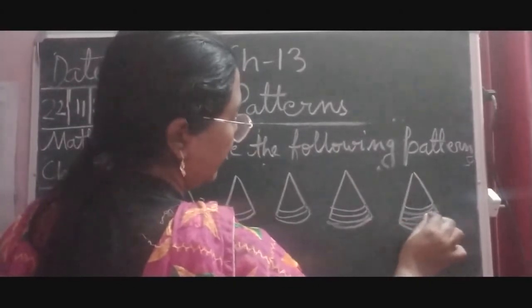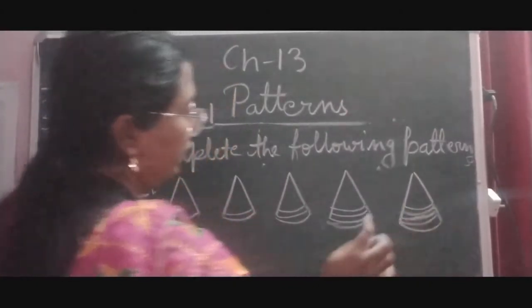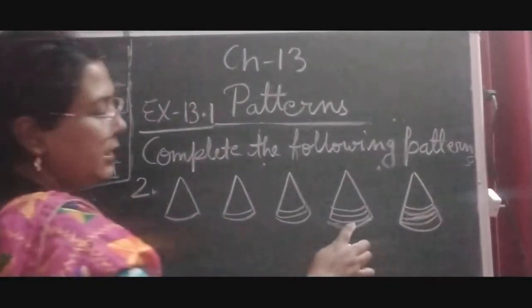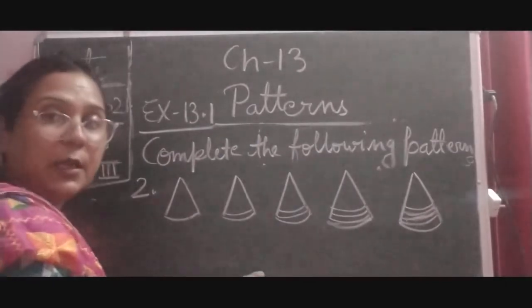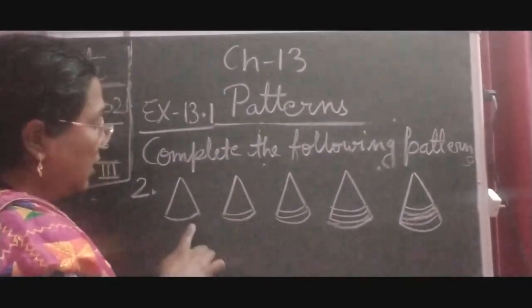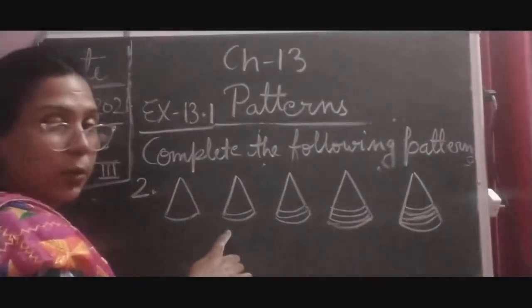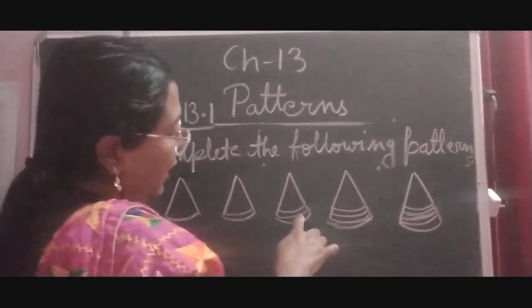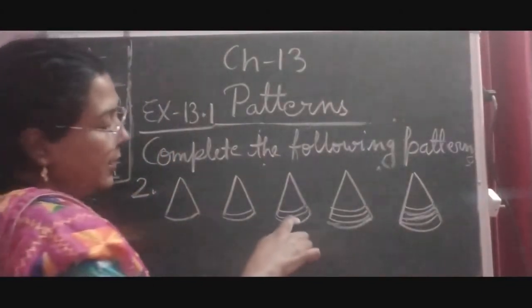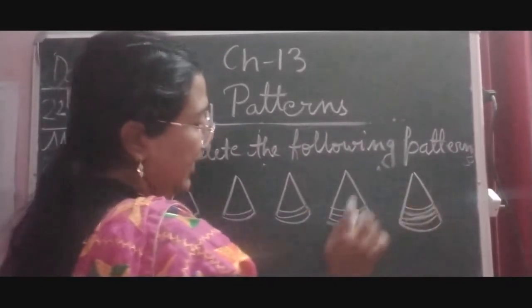So here children, you can see 1, 2, 3, 4. 4 lines are there. Now here you can see only 3 lines. So one line is increasing in these cones. Now here you can't see any line. In the second, you just see over here there are 2 lines in the cone. Now here you can see 1 more line, here 3 lines, here 4 lines.